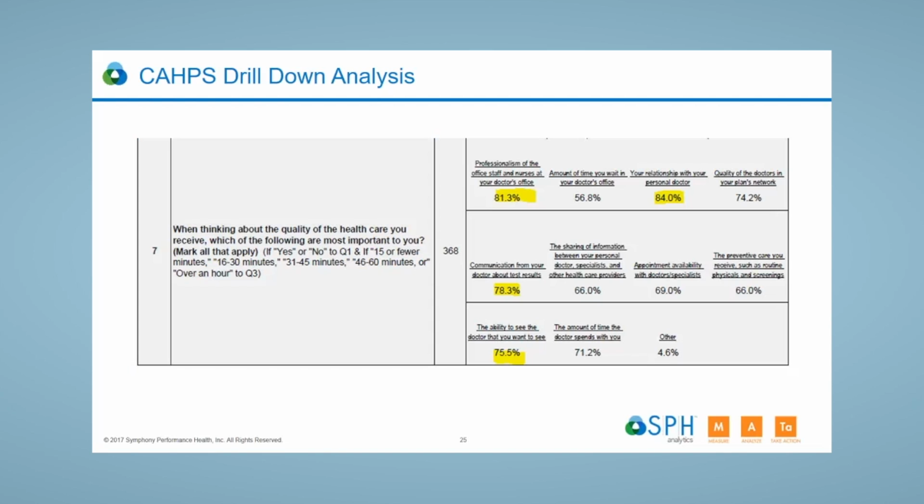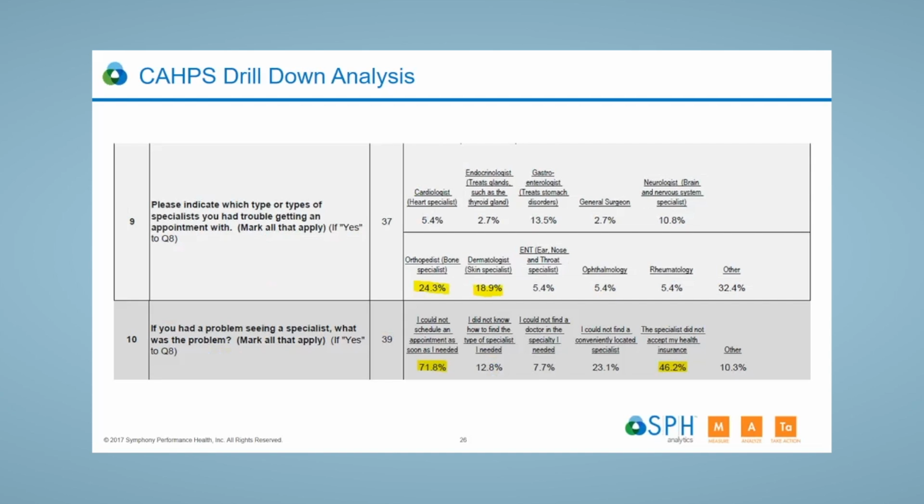Something we've tried to focus on is test result communication. And then the ability to see the doctor that they want to see, access and choice. Not a lot of real eye-opening things there, with the exception of communication from their doctor about test results. Patients really want to know in a timely manner what the results of their tests are, and we really hadn't clued in on that without looking at these survey results. Next slide, please, thanks.